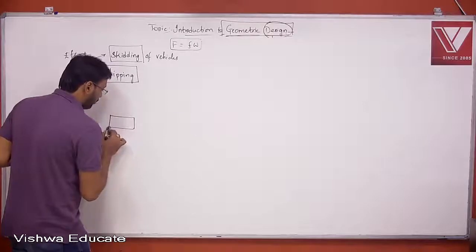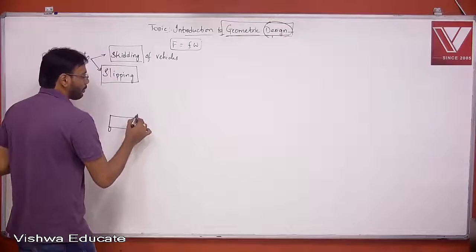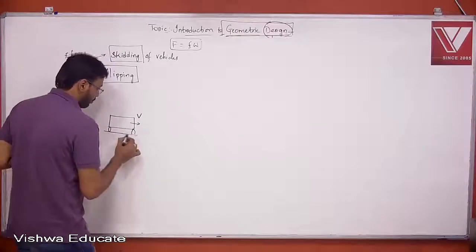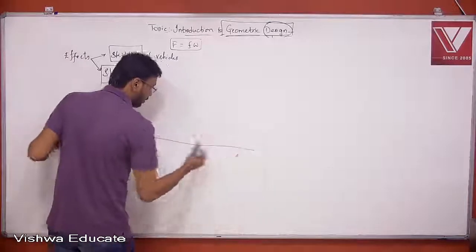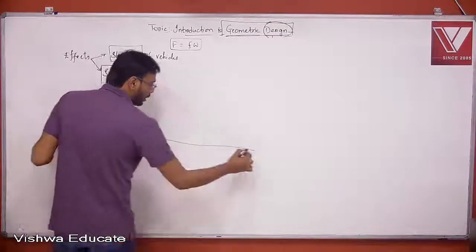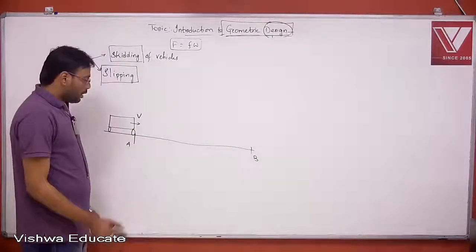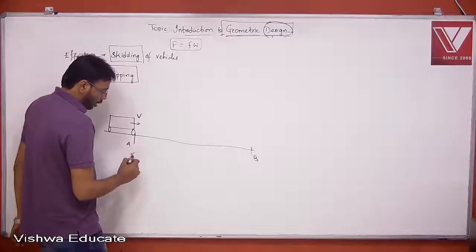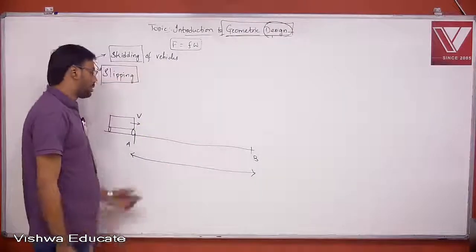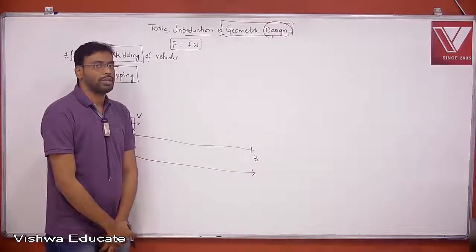You're traveling in a car with some speed, and you need to travel from A to B here. This distance from A to B is always fixed on this path, right?